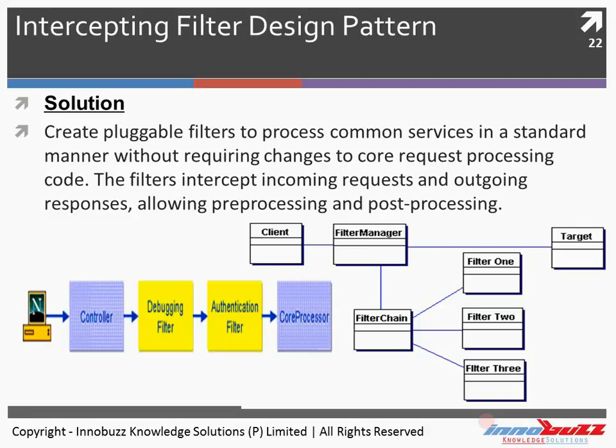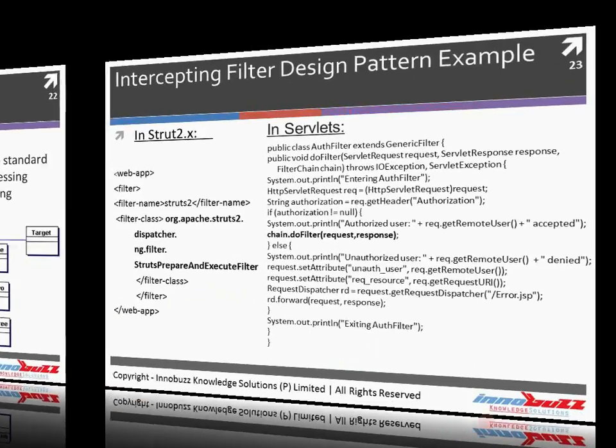For all those requests to be filtered, you can easily plug in these filter components, which will hold authentication, debugging, or networking information. So you can have these filters handy for any kind of enterprise application.